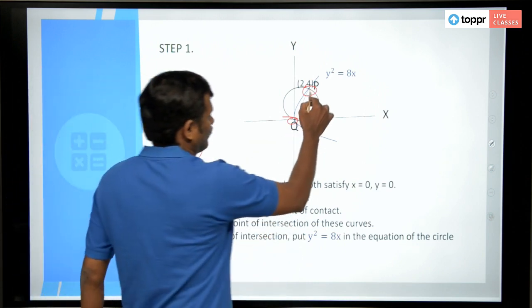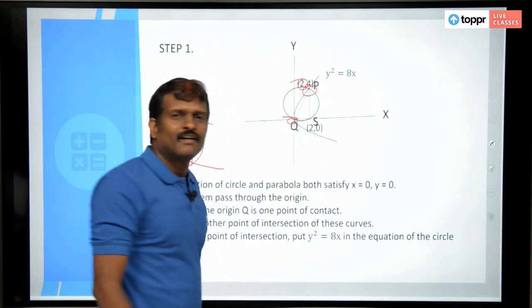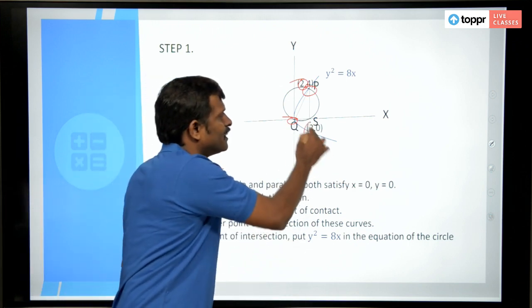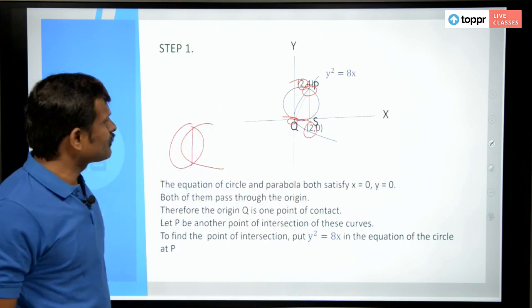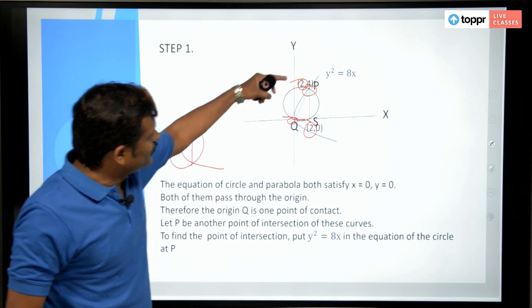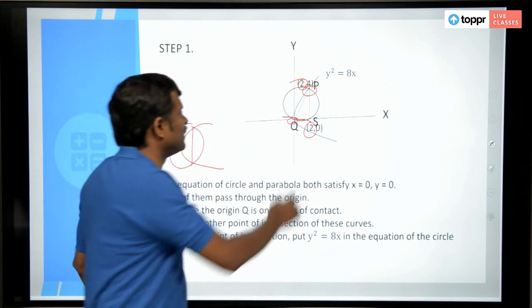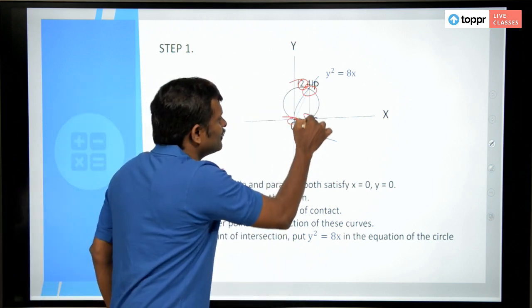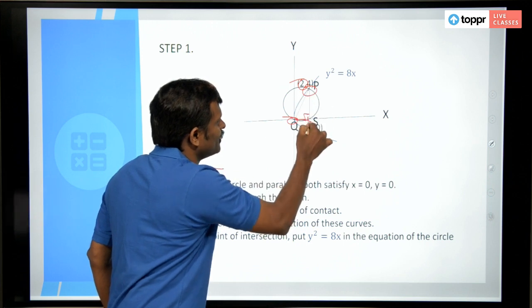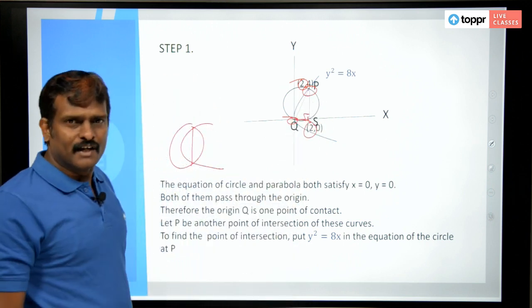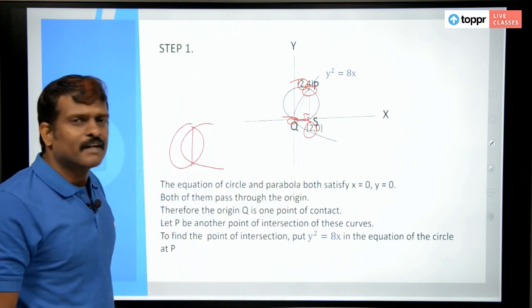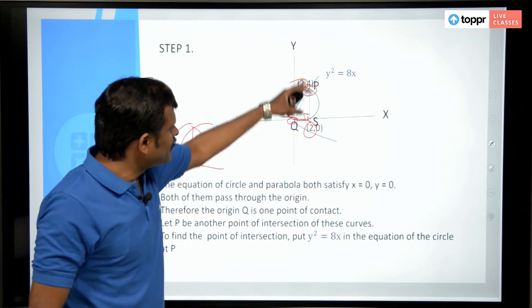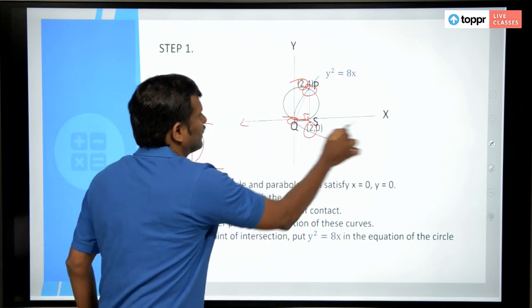Now, look at this carefully. This value here is 2 and this value here is 2. So, this line is definitely perpendicular to x axis, because this point did not change from here to here. Those 2 points did not change. So, this is always perpendicular to the x axis.